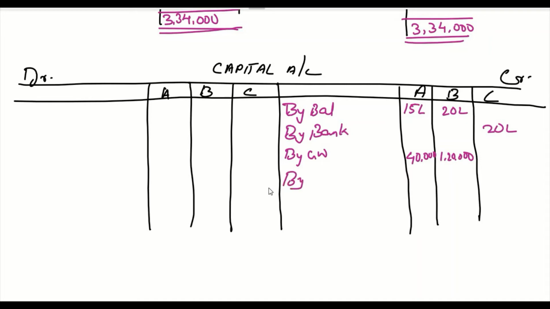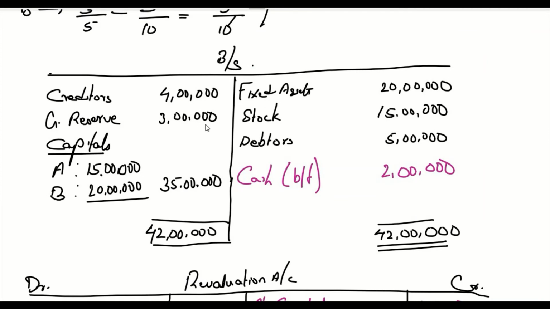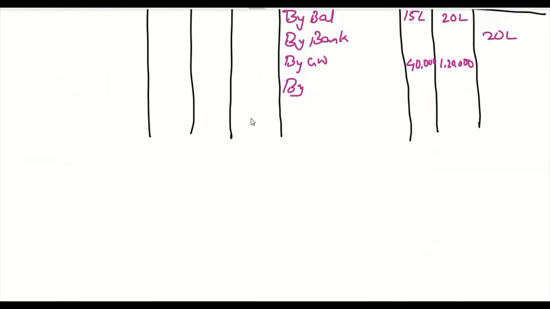Then the previous balance sheet is having a general reserve of 3 lakhs. This has to be distributed in the old profit sharing ratio, which is 2:3. So by general reserve, 1.2 lakhs and 1.8 lakhs.